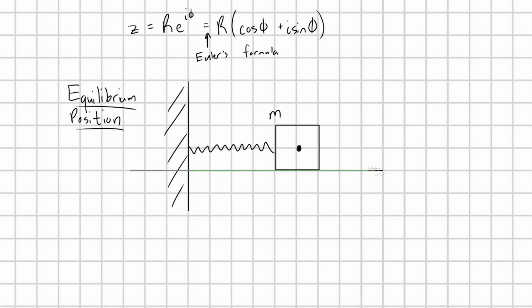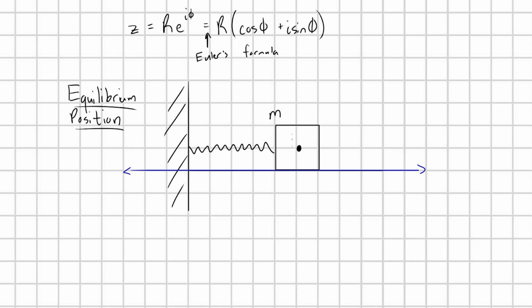So I'm going to put a little x-axis on the table, in blue here. We only need one coordinate to represent the position of this cube because, once I pull the spring and let it go, it's constrained to oscillate back and forth on this frictionless table.